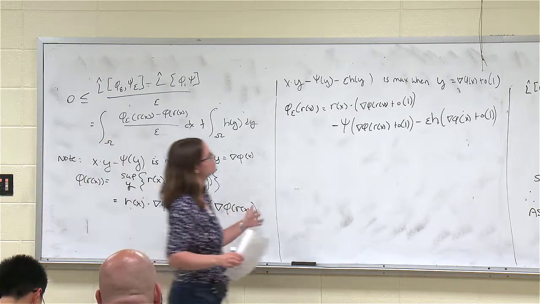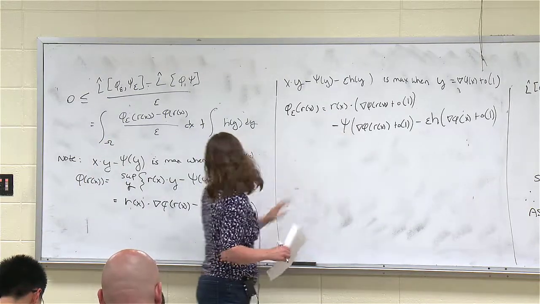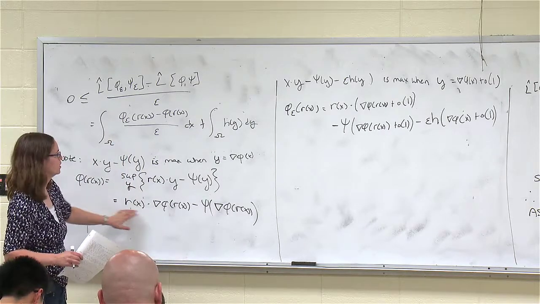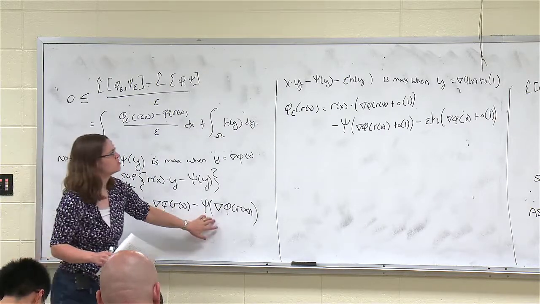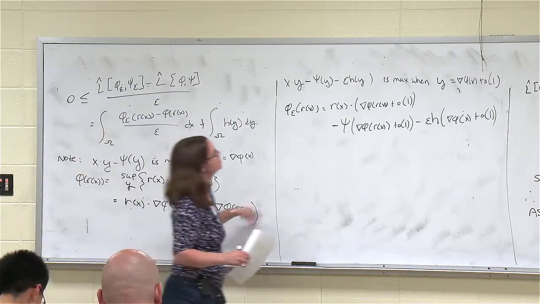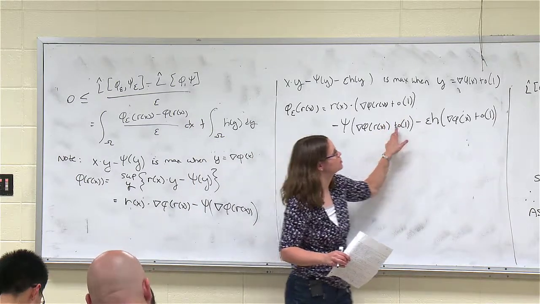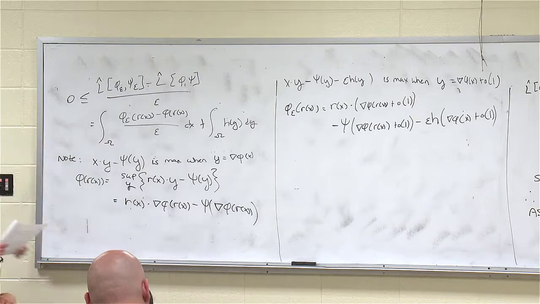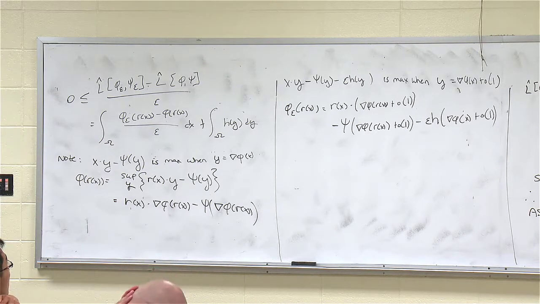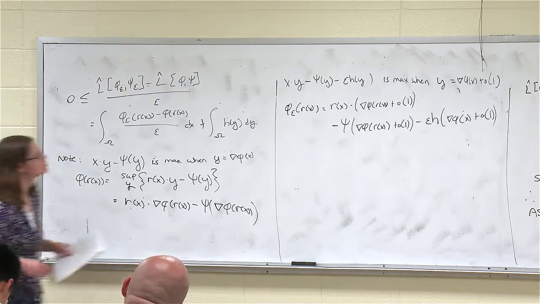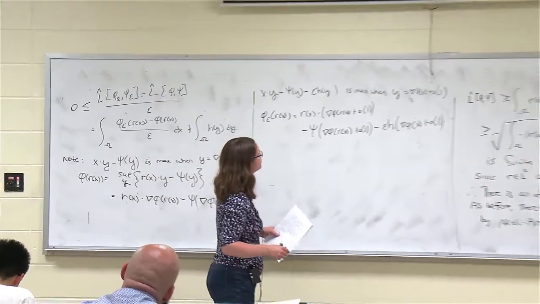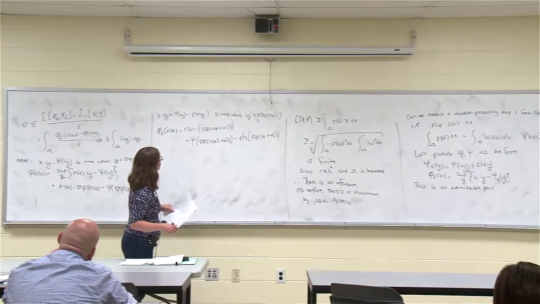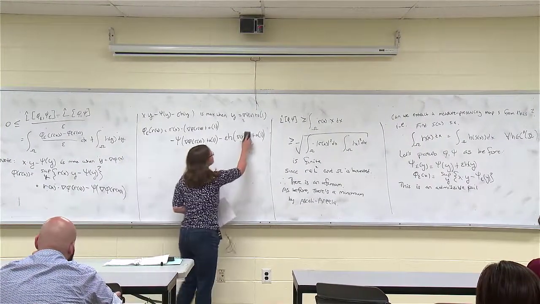Okay, so we have something close to what we've got over here, right? R dot grad phi of R minus C evaluated at grad phi of R plus some other little bits floating around. Yes? Grad phi of R of X, yes, thank you.